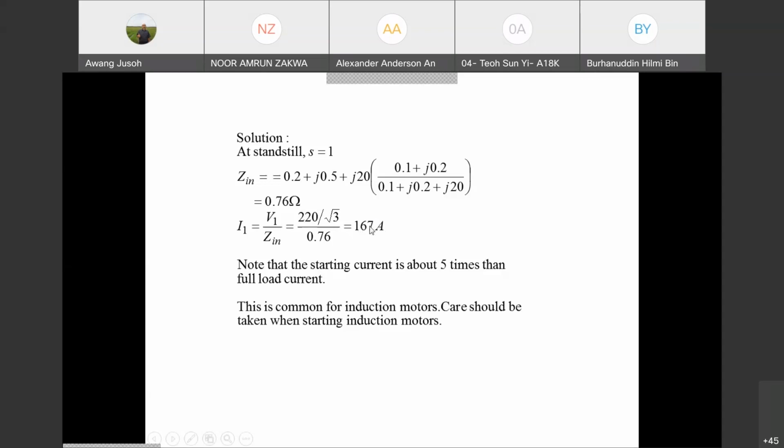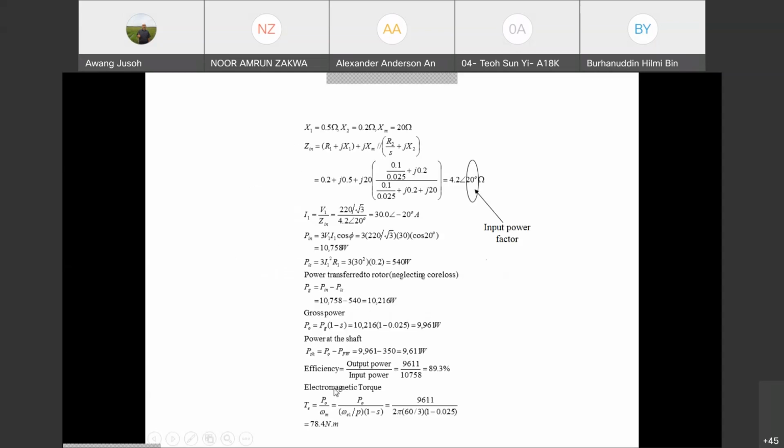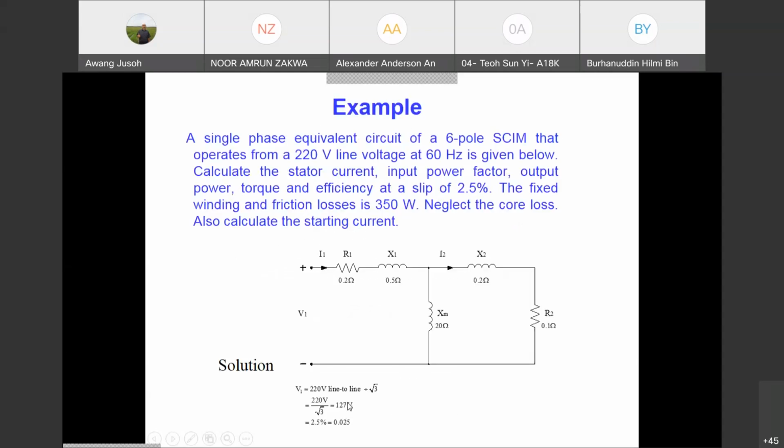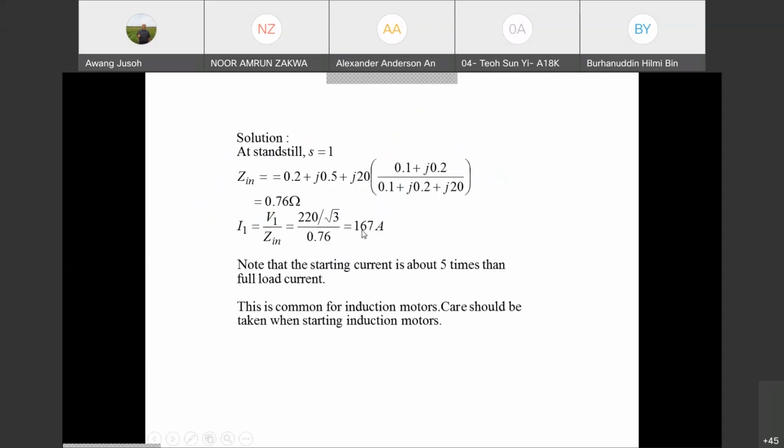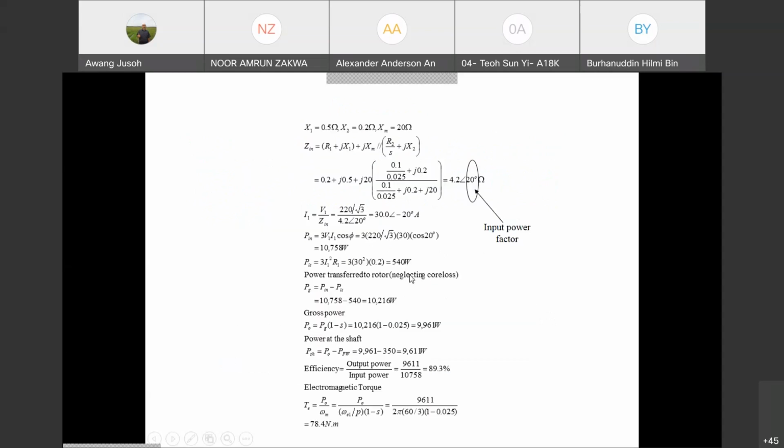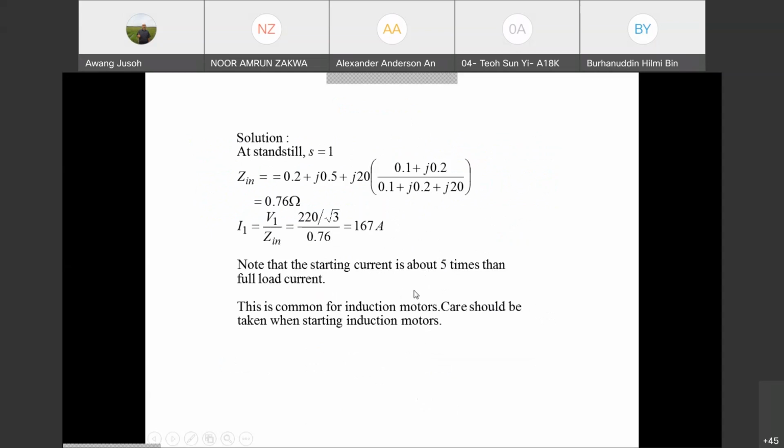We can see the difference: when you apply 127 volt directly, you get a current of about 167 ampere, very big compared to the 30 ampere here, which is the rated current. So be careful so that you don't spoil your machine.